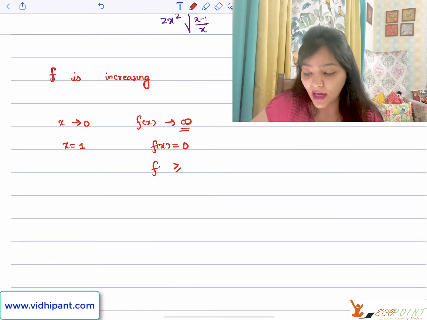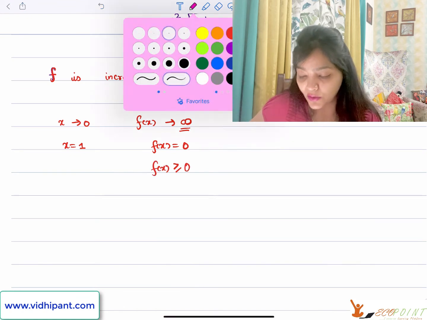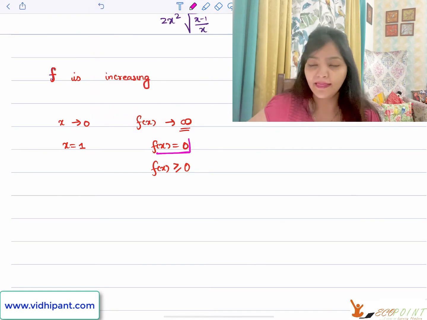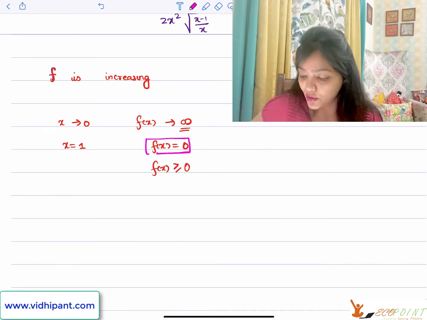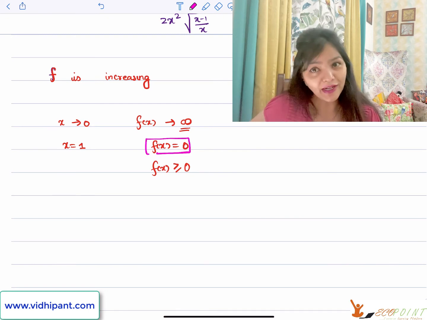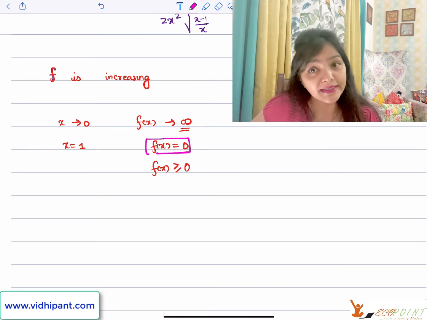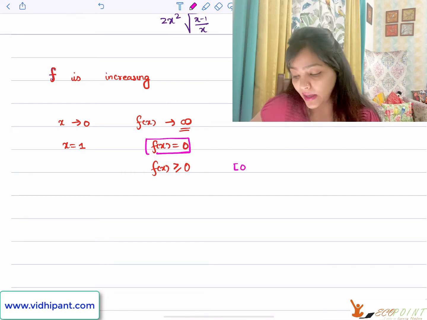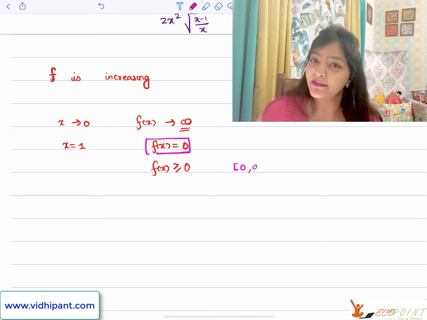You have figured out that this function attains 0 at x equal to 1, and then, because it's an increasing function, the values would keep on increasing. Since you cannot have negative values, the least value this function can have is 0, which you attain at 1, and then the values will keep on moving towards infinity.